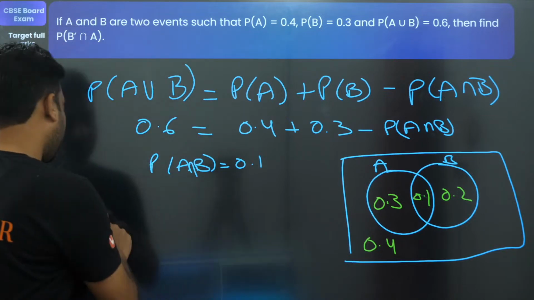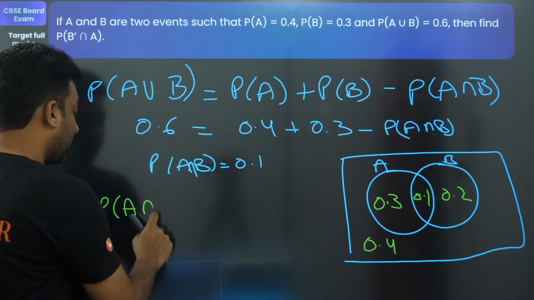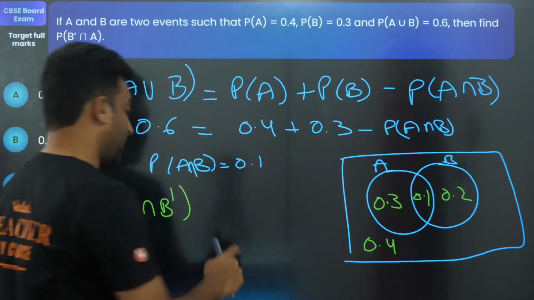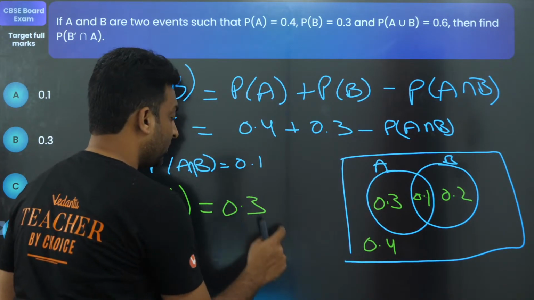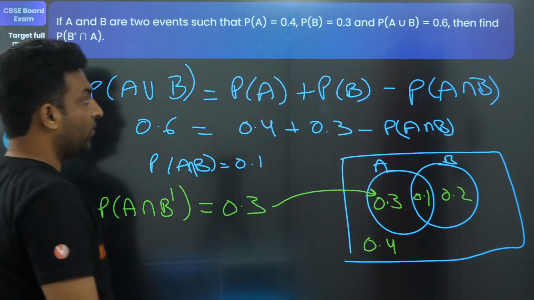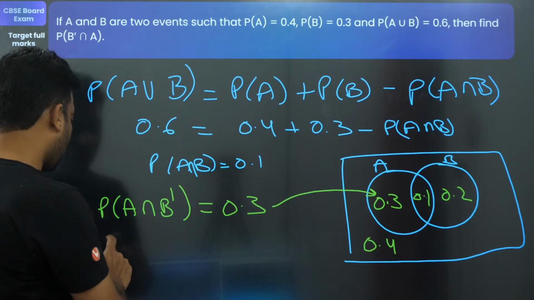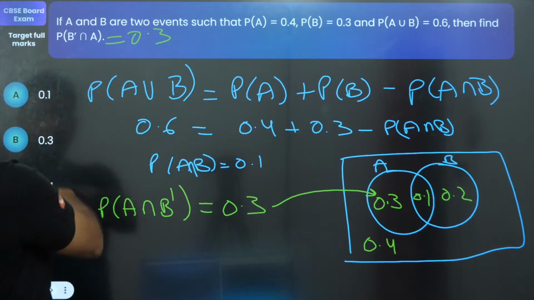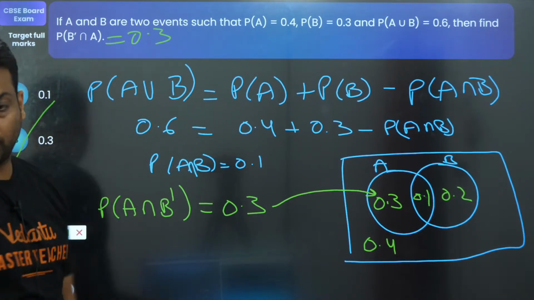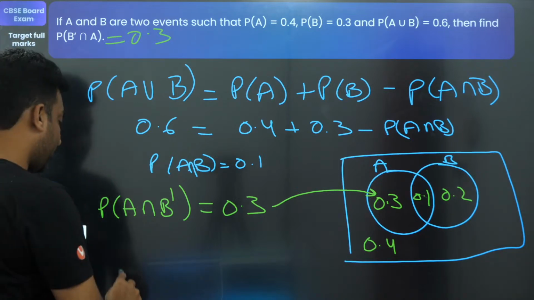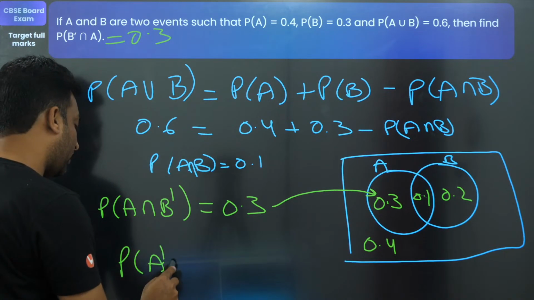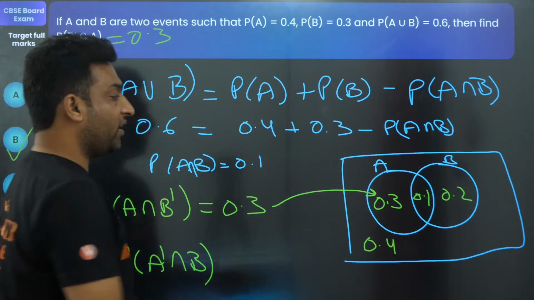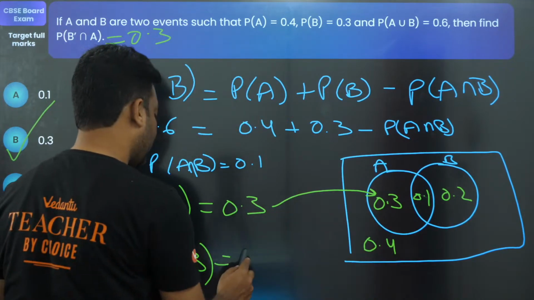Now, if someone asks what is probability of A intersection B naught, meaning A is happening and B is not happening, it is 0.3. By the way, if someone asks what is probability of A naught intersection B, A is not happening and only B is happening.